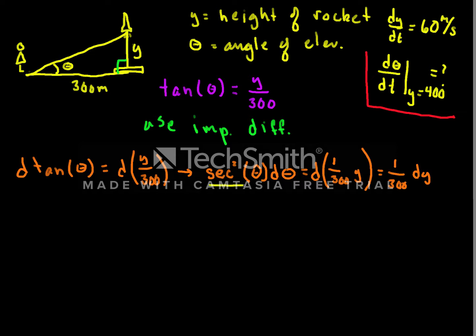So we divide this side by dt, and we divide this side by dt, arriving at the equation that secant squared of theta d theta dt is equal to 1 over 300 dy dt.